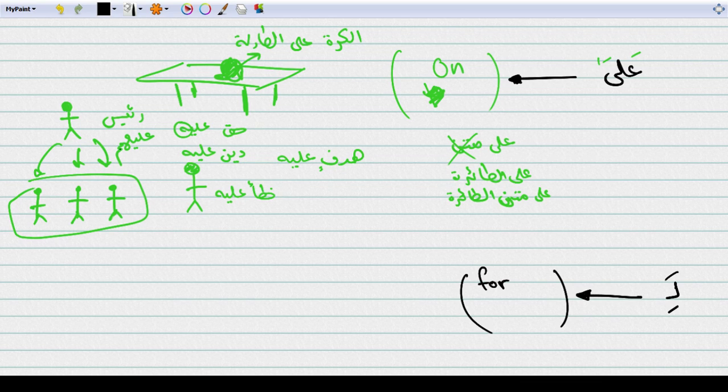Then the opposite is for. In this sense, you can say daynun lahu, a debt for him. So it's like there's a debt for someone else. Someone else owes him something.